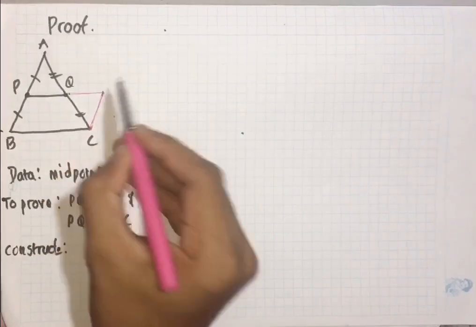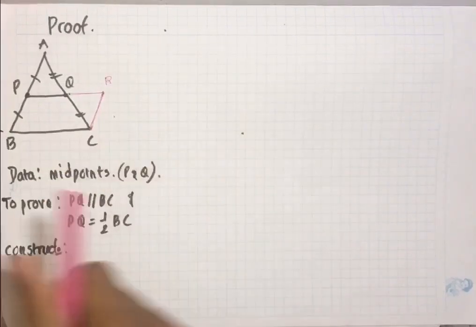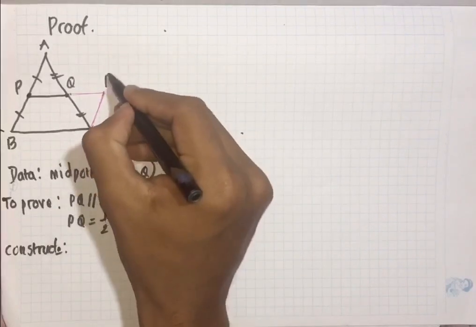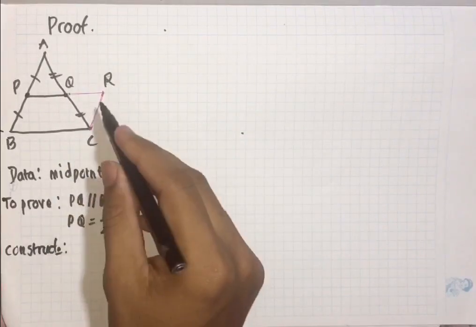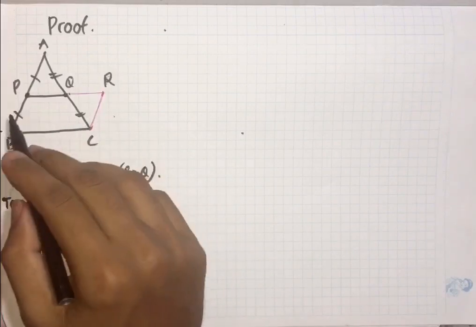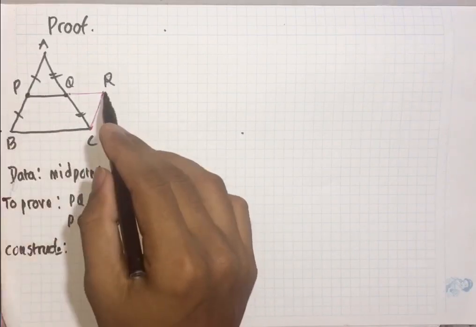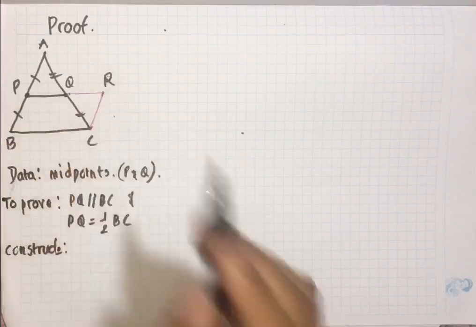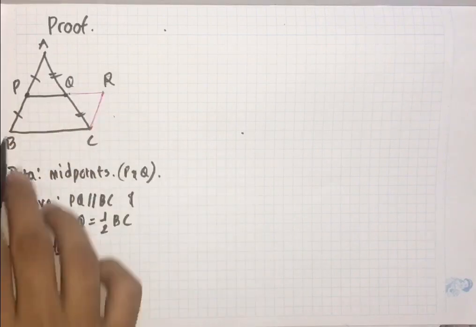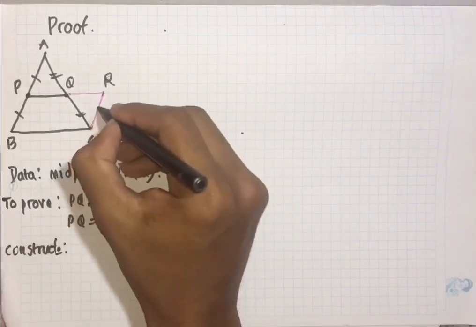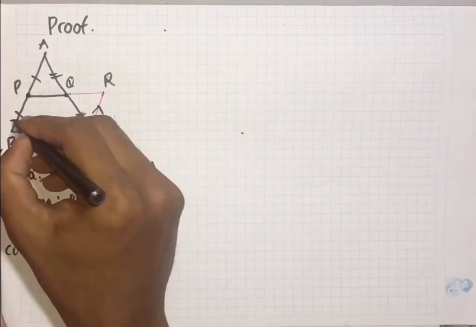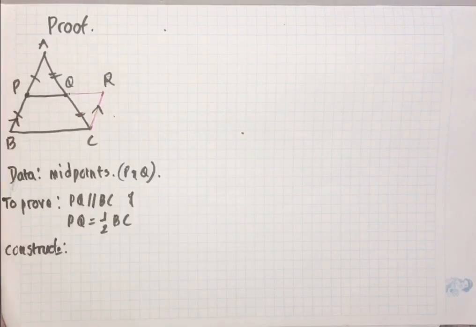I'll call this R. So you have to write: drawing a line parallel to BP through C, it meets PQ extended at R. So finally, these two are parallel.